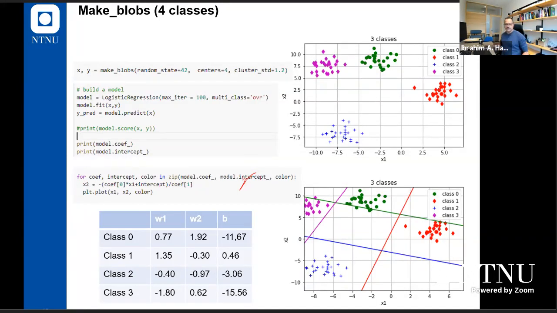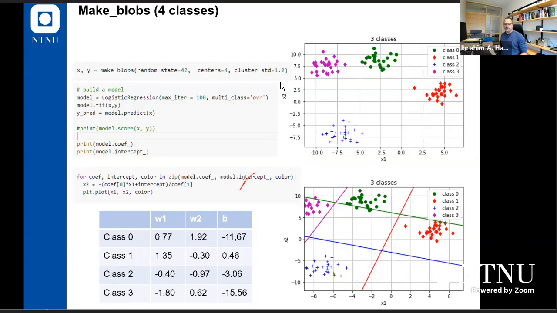But here, for example, I just selected how many cluster centers. If you want to generate 4 clusters, it will first generate 4 centers randomly, right? And after that, it will generate a number of points. It's 100 points by default, but you can also choose how many points you want to generate.